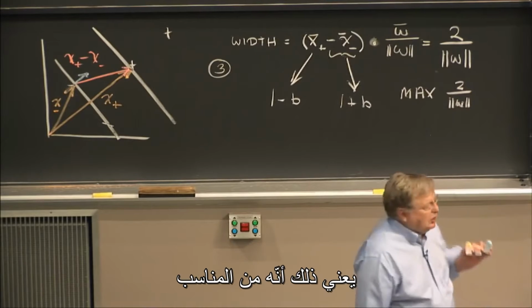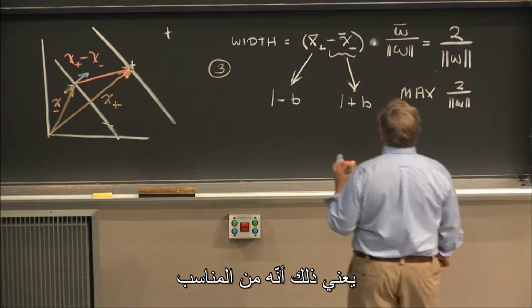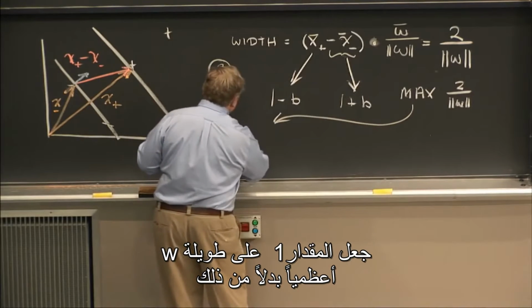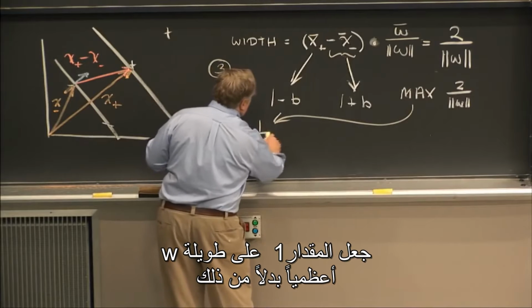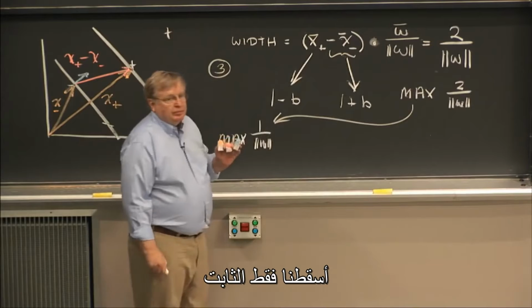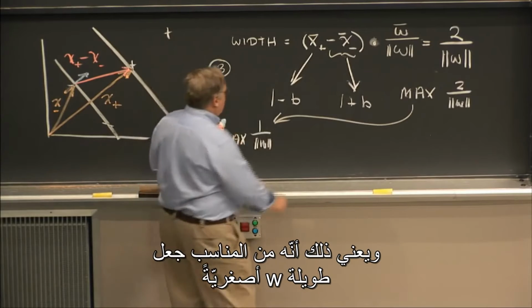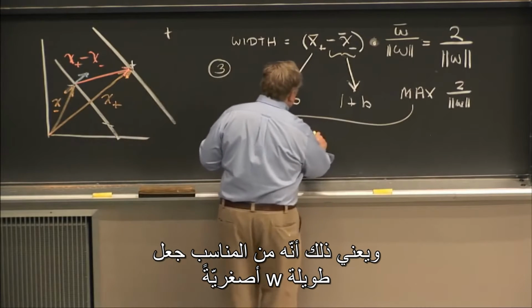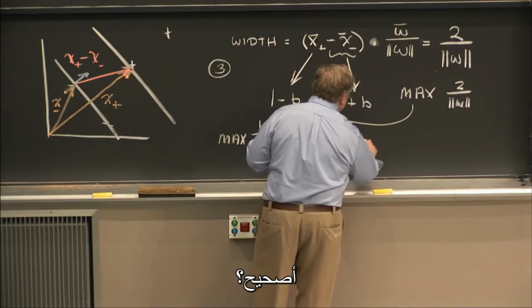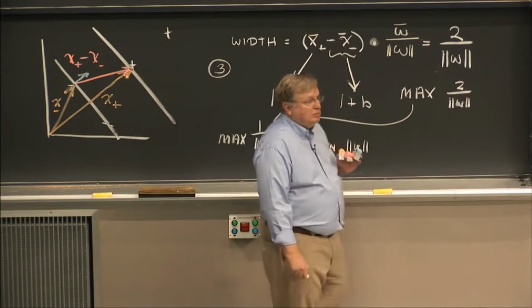All right? So that means it's okay to maximize 1 over w instead. We just drop the constant. And that means it's okay to minimize the magnitude of w, right?